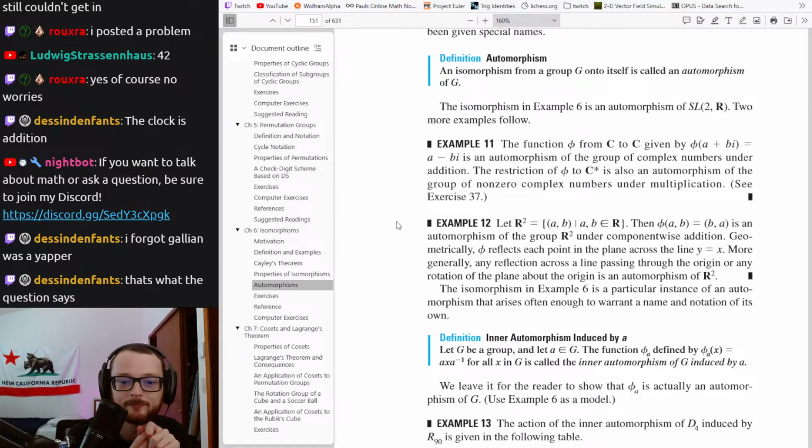Okay. You're saying an example of why algebra is easier. So it shouldn't be anything overly complicated. Hmm.